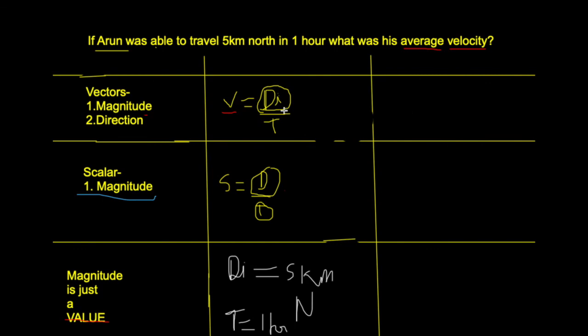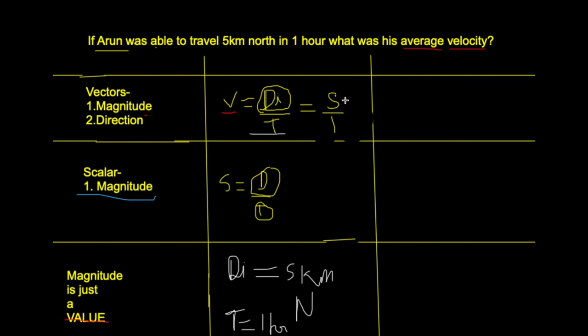Then if we use the formula, we would write displacement over time, right? So it would be 5 by 1, and we would find 5 by 1 towards north.